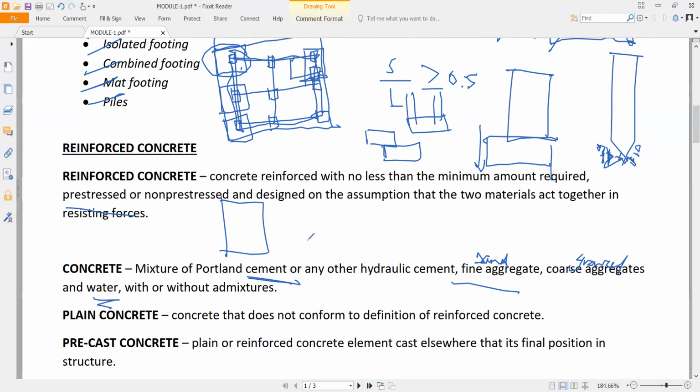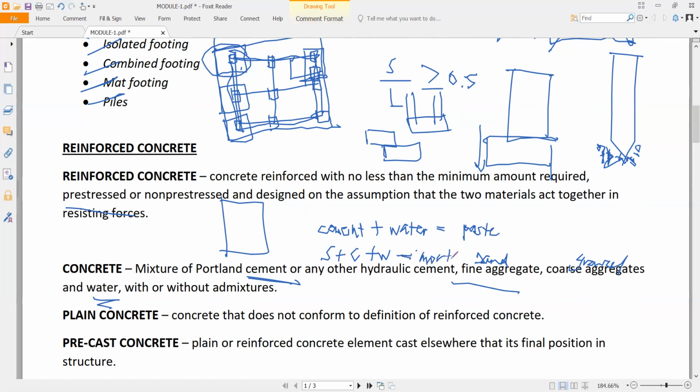Okay? Kapag mixture lang ng cement, for example, cement plus water, ang tawag dyan ay paste. Iyan yung cement paste natin. Diba? Pagka meron siyang cement, sand, and water. Sand, cement, and water. That is your what?